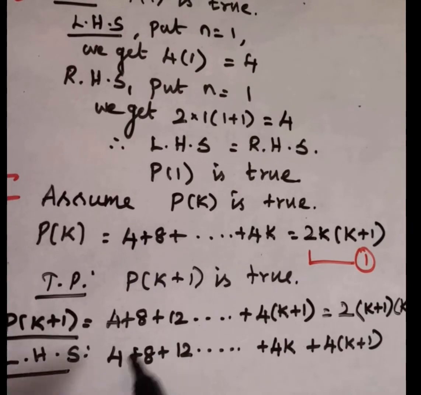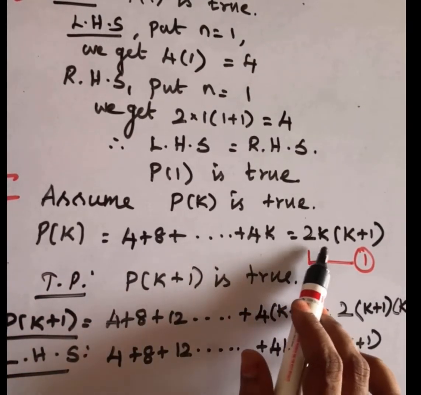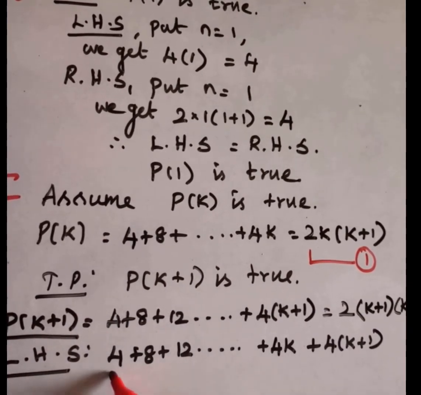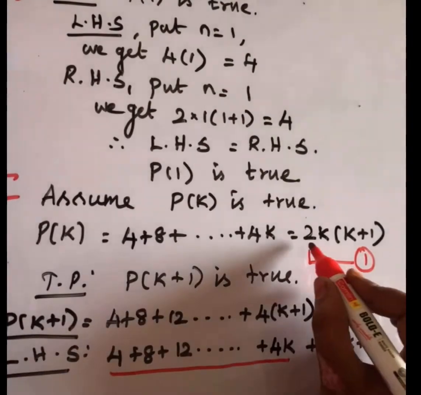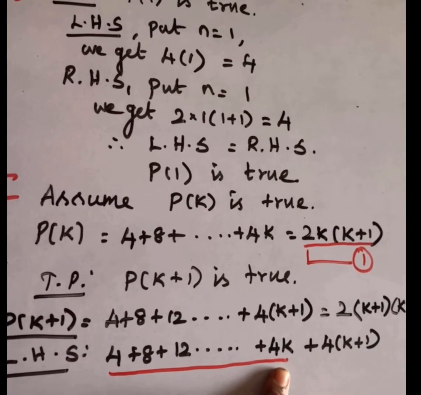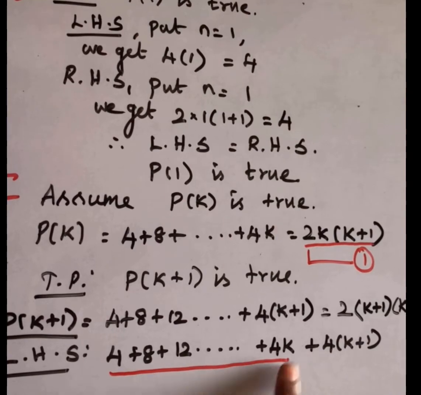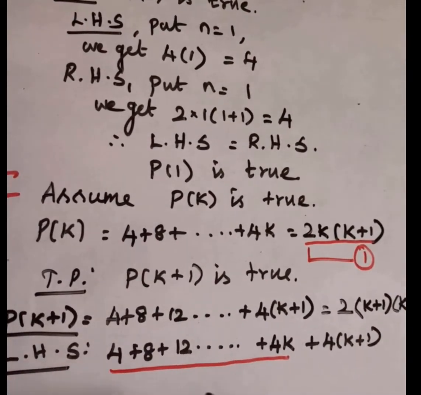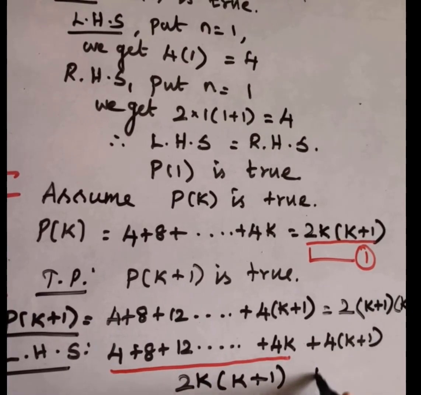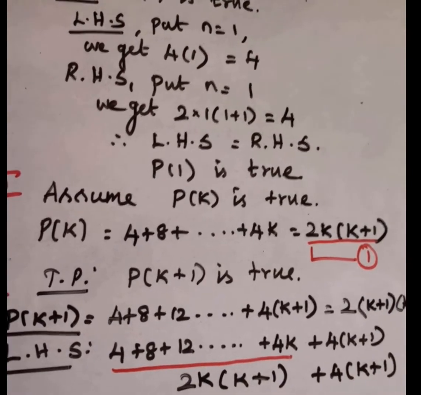Okay, so as we have 4 plus 8 plus etcetera up to 4k is equal to 2k into k plus 1, I can replace this whole expression by this term. Can you understand? These two are equal, so this whole expression can be replaced by this term. That is 2k into k plus 1 plus 4 into k plus 1.